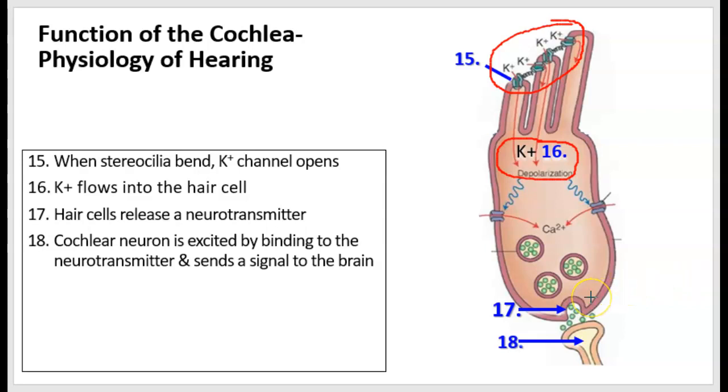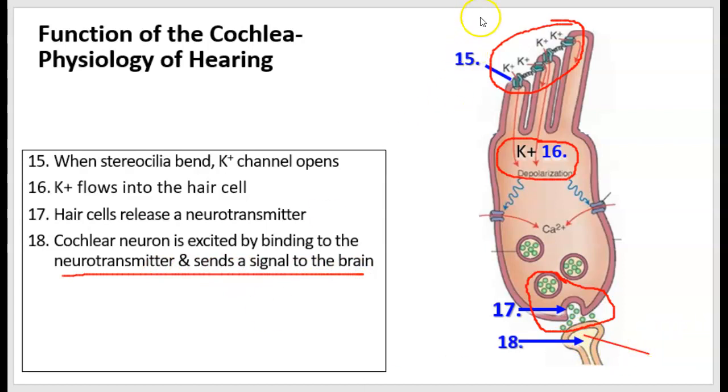That causes the hair cell to release neurotransmitter to the cochlear nerve or neuron. That cochlear neuron then is excited by the neurotransmitter, and it will eventually send a signal to the brain.